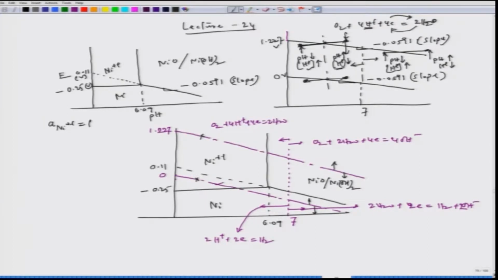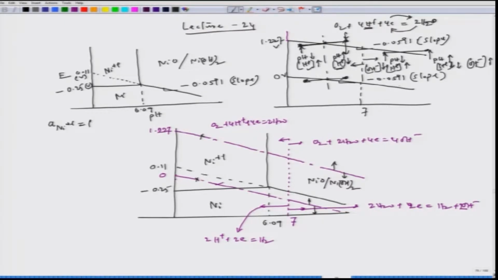The problem is that though we see this particular situation holding true, when the pH is more than 7, we do not have the existence of H plus ion. So, we have the existence of OH minus ion. If H plus ion is less, OH minus ion concentration would be more, and here H plus ion concentration is more, so OH minus ion concentration would be less.